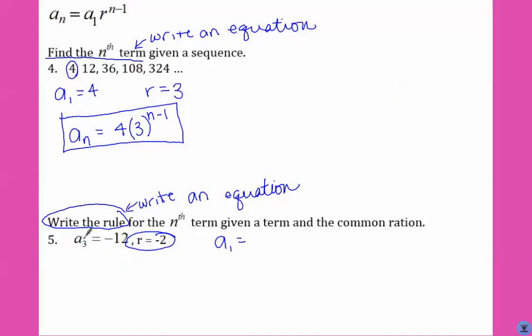There's two ways of doing this. We could say that -12 equals a sub 1 times -2, we know it's the third term, to the 3 minus 1 power. 3 minus 1 is 2. -2 squared is positive 4. -12 equals a sub 1 times 4.